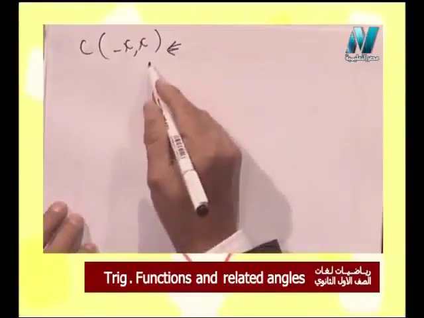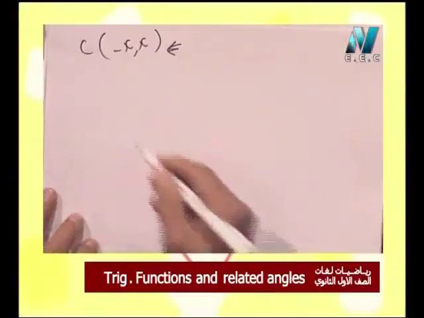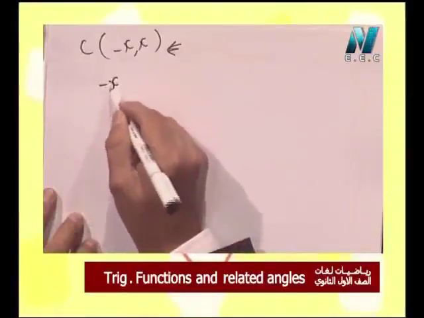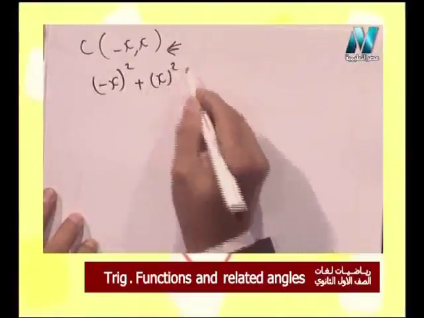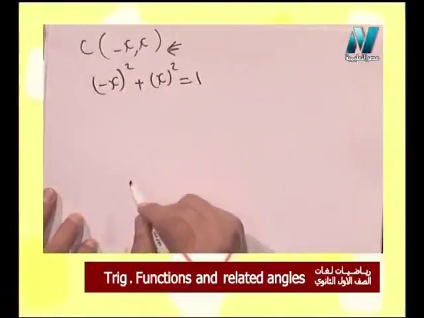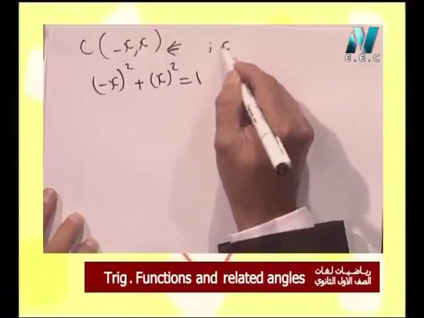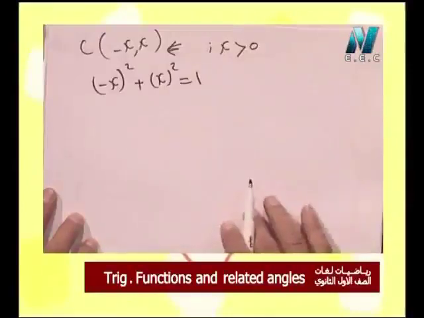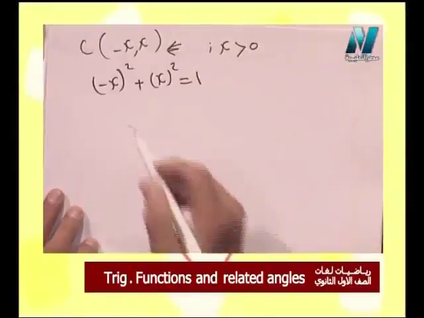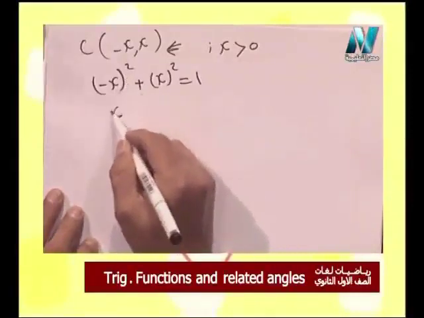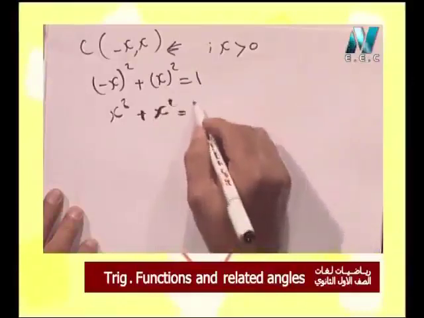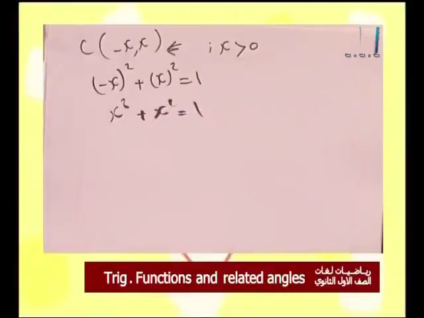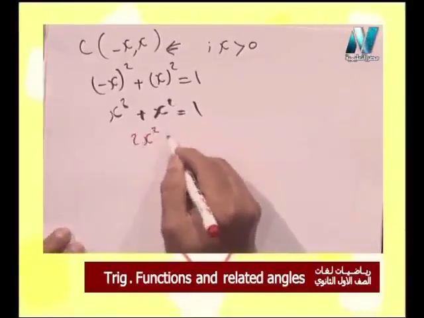We have C on the unit circle, so negative x squared plus x squared equals 1. And he told me that x will be positive, greater than 0. That will be x squared plus another x squared equals 1, so 2 x squared equals 1.